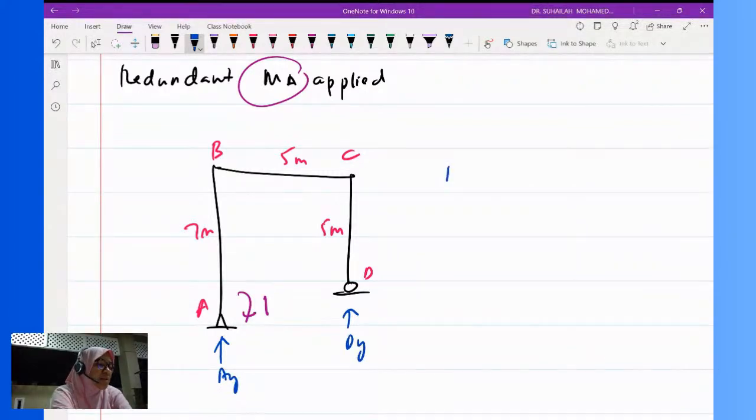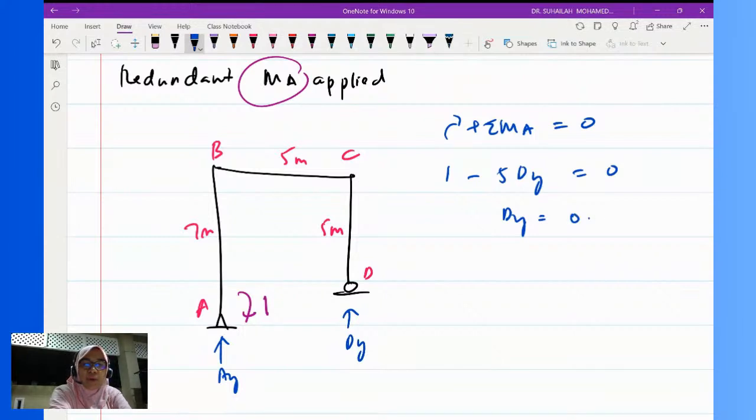Taking moment at A equal to 0, we get 1 minus 5 DY is equal to 0. So DY is 0.2.